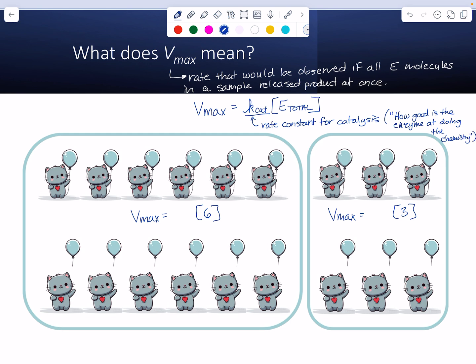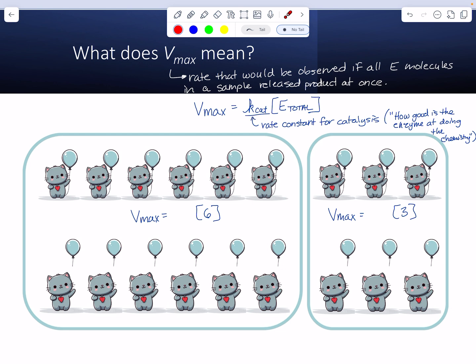So while in the lab, what we determine is a Vmax, okay? Remember always that depends on how much enzyme you have there, and that the thing that really determines the rate is Kcat. The thing that really reflects those steps is Kcat.